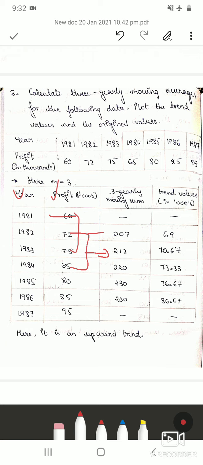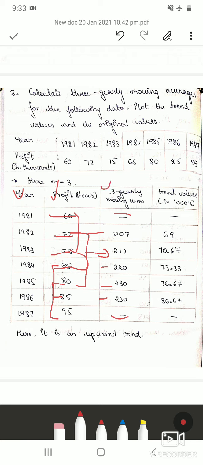Next, exclude the second value and add the next 3 values, 75 plus 65 plus 80, which is 220. Then add 65 plus 80 plus 85, write it in the middle, which is 230. The last value is 80 plus 85 plus 99, which is 260. Here the first cell and the last cell will be blank.